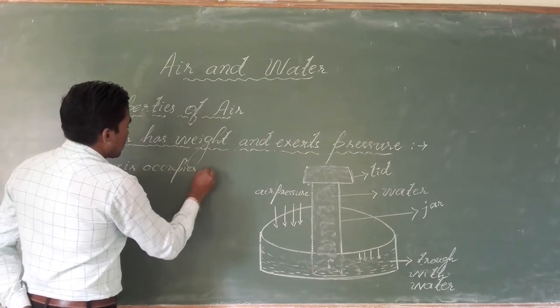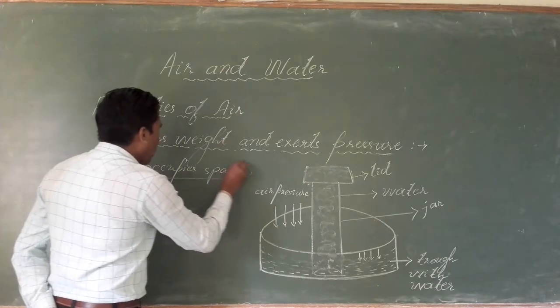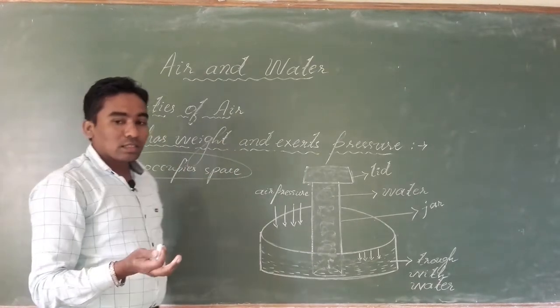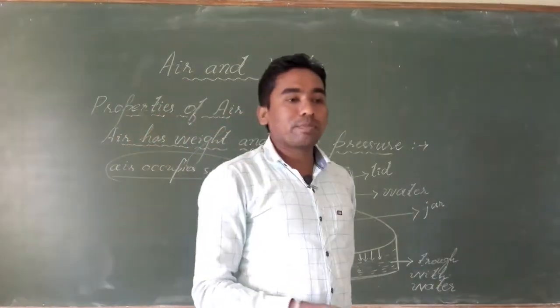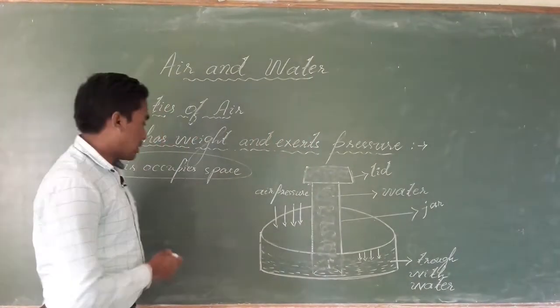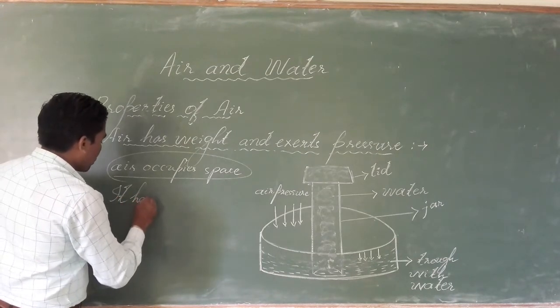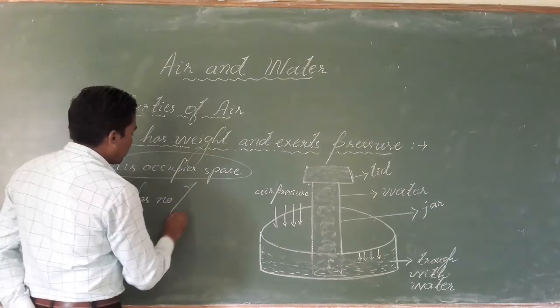Air occupies space, like we occupy space, different objects occupy space, like this air also occupies space, and it has no fixed volume.